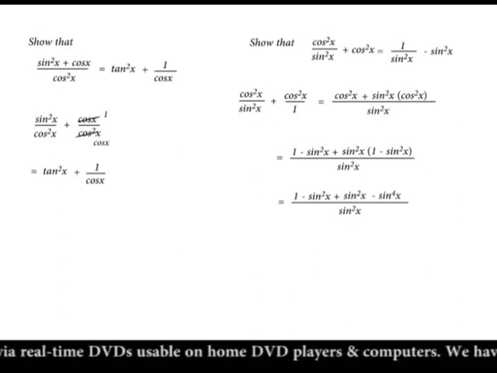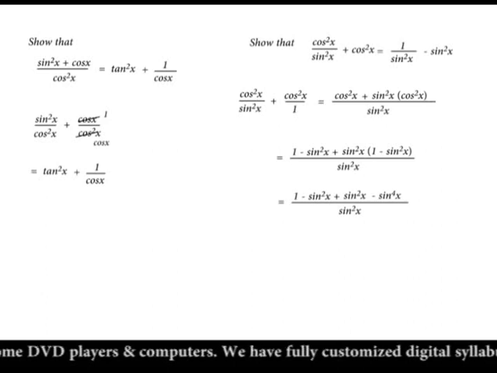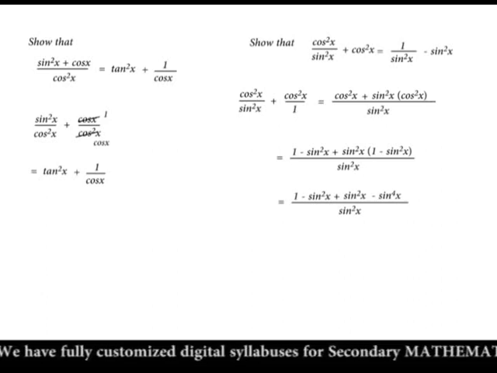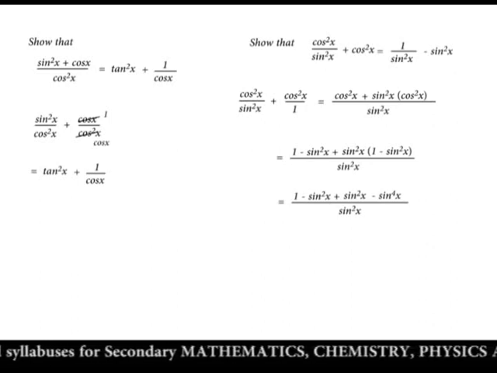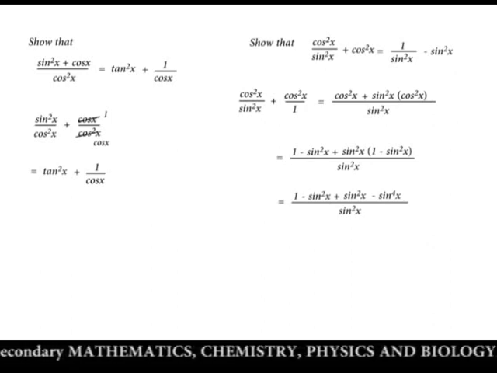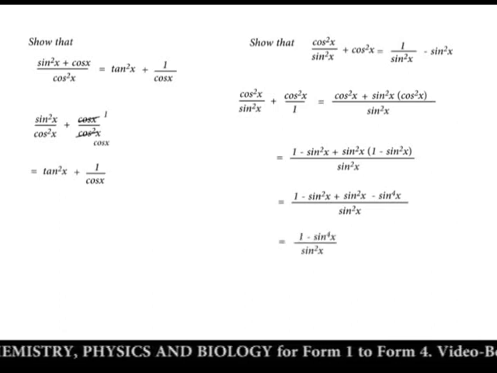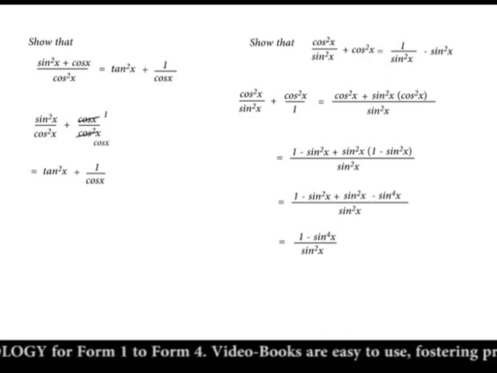Open that bracket, we shall have 1 minus sine squared x plus sine squared x minus sine to power 4 x, everything over sine squared x. Minus sine squared x plus sine squared x is 0. And so we shall remain with 1 minus sine to power 4 x over sine squared x.